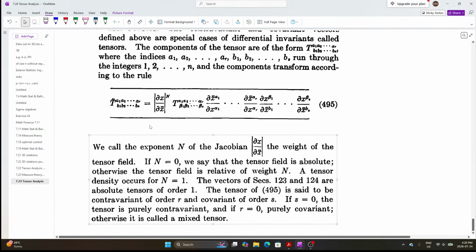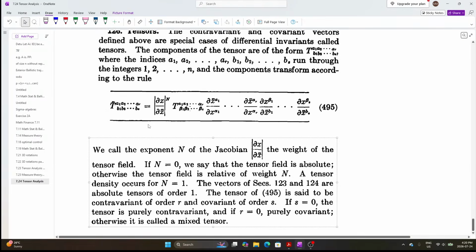Okay, I'll repeat it. So I hope in 495 everything is clear except for this factor here. We've been seeing big N equals 0 in our examples, but we're not sure what big N equals 1 does. I'm not quite sure at this point, but my speculation is that it might have something to do with integration.